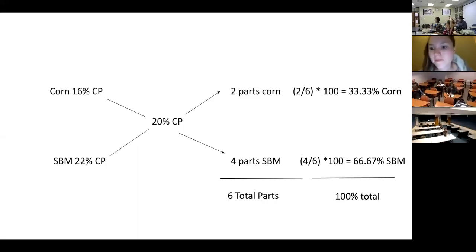Multiply that by 100, and then that's 33%. Is that all good? Anybody have any other questions? So everyone is good on the Pearson square?